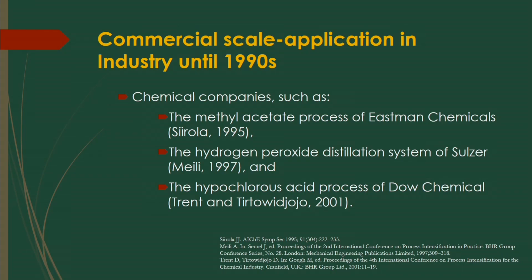And also how to produce hypochlorous acid by process intensification, by sustainable development, has been done by Dow Chemicals, and they have developed those processes, and now they are using them. So this is the history of how chemical engineering processes can be intensified in different ways.